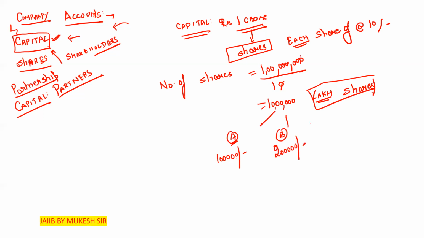Let's move further. Just for taking an example, here we have 3 persons, A, B, and C. A purchased 1 lakh shares, so A has 10% contribution. B has purchased 2 lakh shares, so B has 20% contribution in the organization. C has purchased 7 lakh shares, so C has 70% contribution.